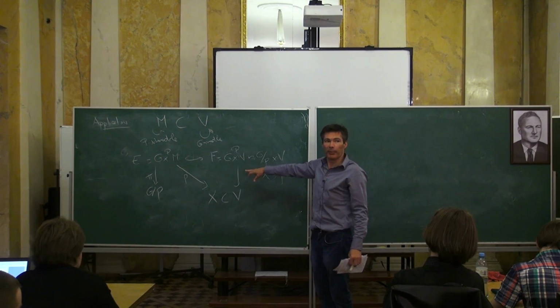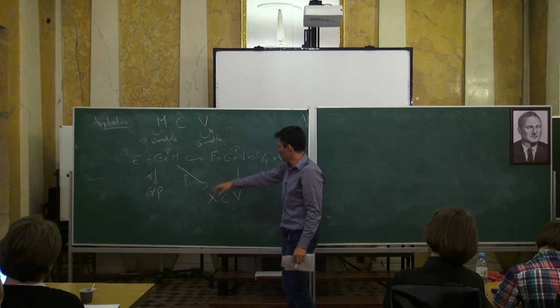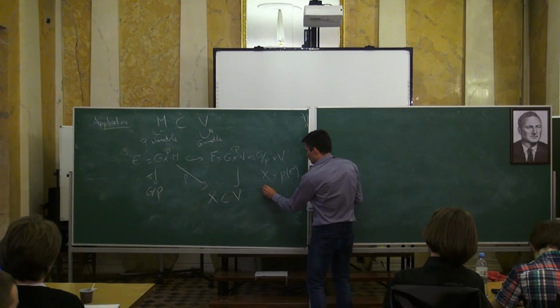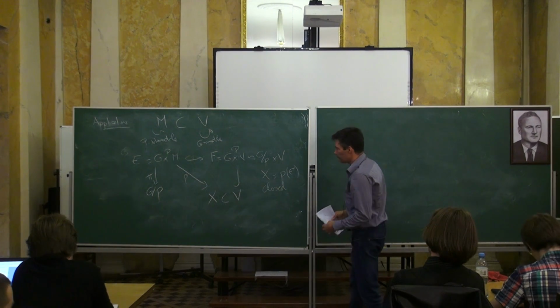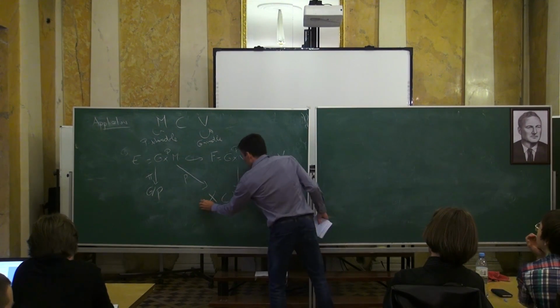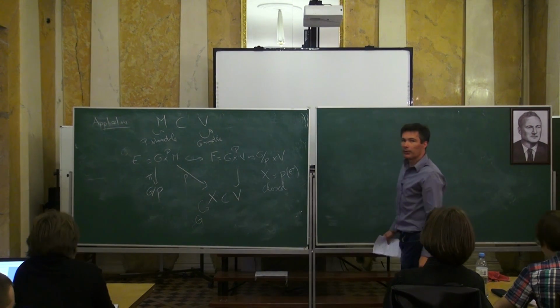So this is a proper map. So this map P will be proper, so the image of E is closed inside V. And of course, everything is compatible with the G action, so X is stabilized by the group.